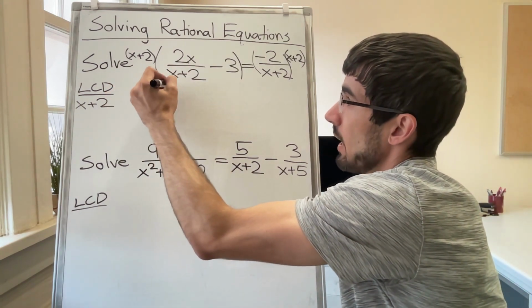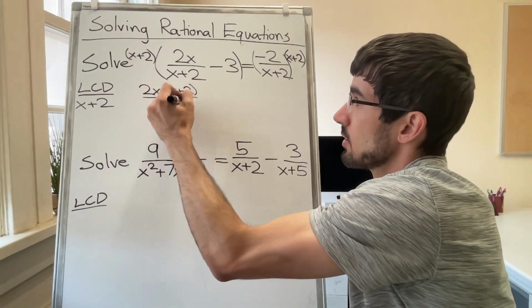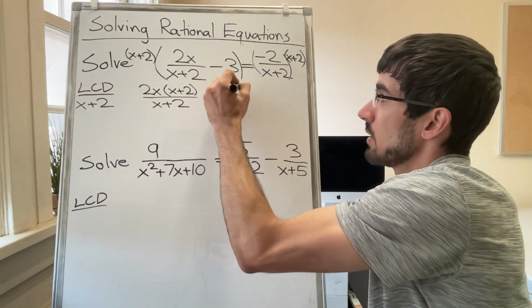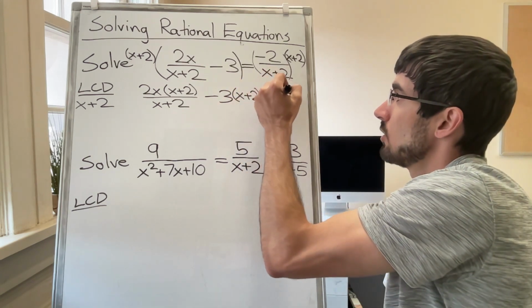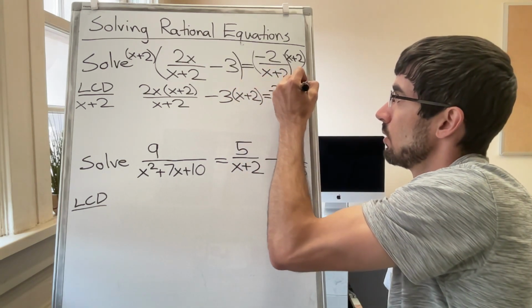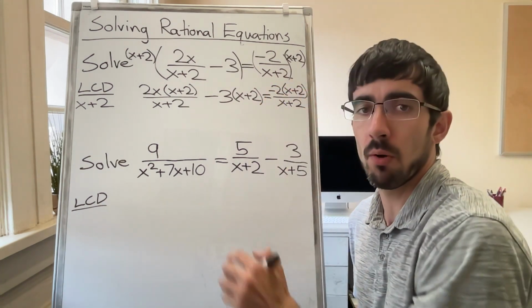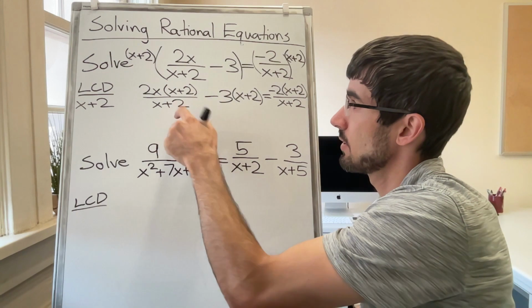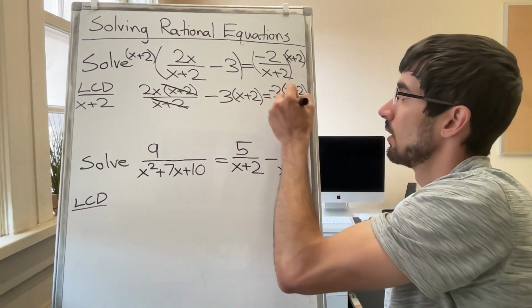So I have 2x times x plus 2 over x plus 2. And here I have -3 times x plus 2. And here I have -2 times x plus 2 over x plus 2. But what does it do in these fractions? We can simply divide the common factors here.